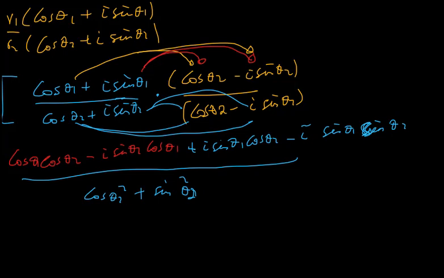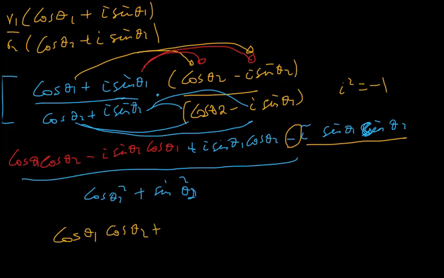Now let's combine here. This is going to be cosine of theta 1 cosine of theta 2, and bring this one here, because i squared is the same as negative 1, so it makes this positive, so we have positive sine theta 1 times sine theta 2.